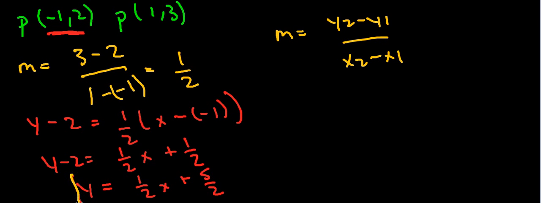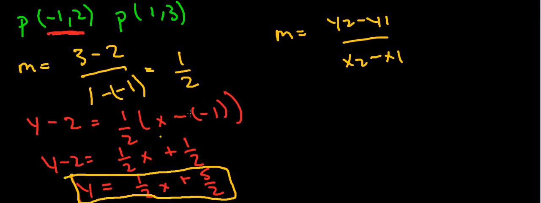And here's the equation. That's a 2 that I accidentally drew over. Now let me do the same thing with the other point and show that they will both give you the same line.